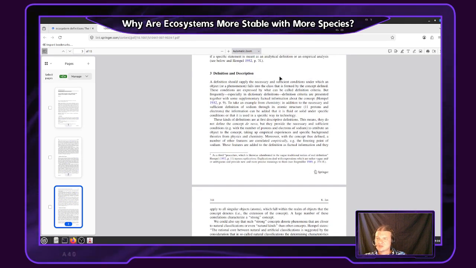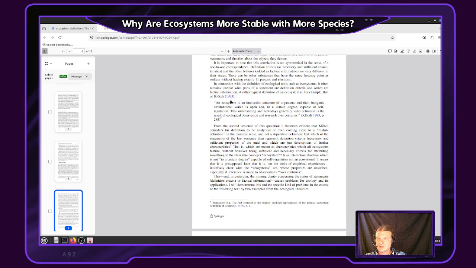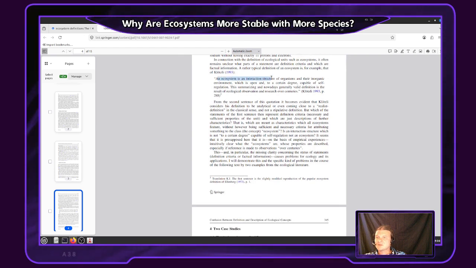Definition versus description. Let's see. An ecosystem is an interaction structure of organisms and their inorganic environment. So we've got a source here. I would like to not have that covering my text, which is open and to a certain degree capable of self-regulation. This summarizing and nowadays generally valid definition is the result of ecological observation and research over the centuries.